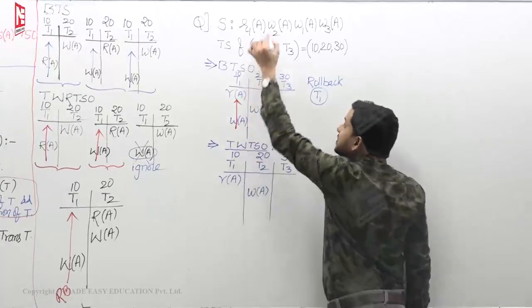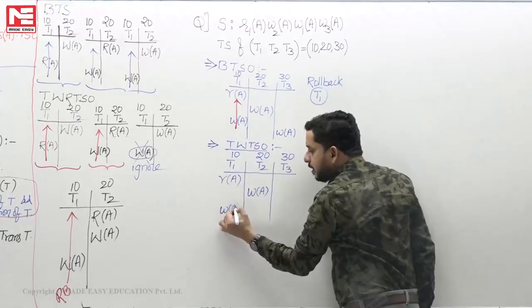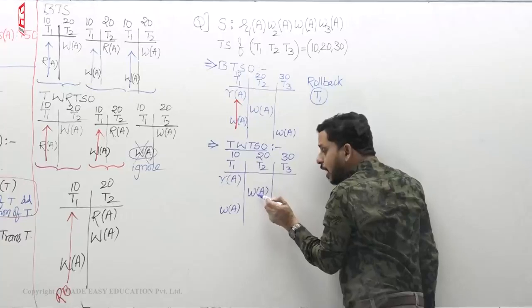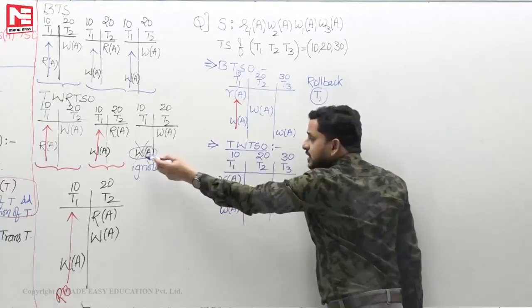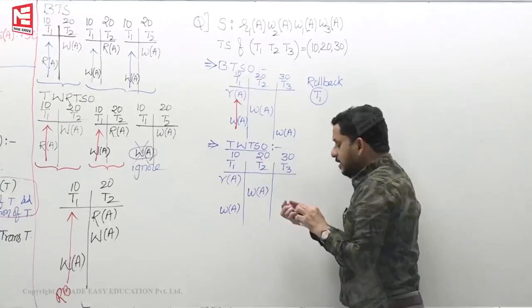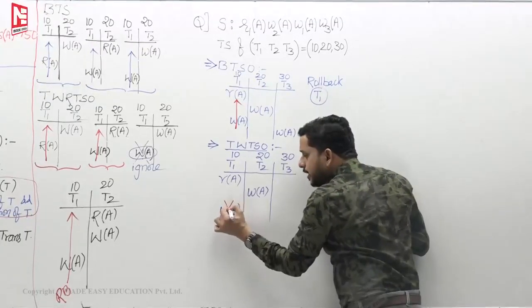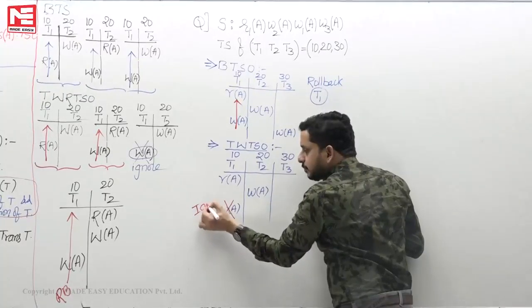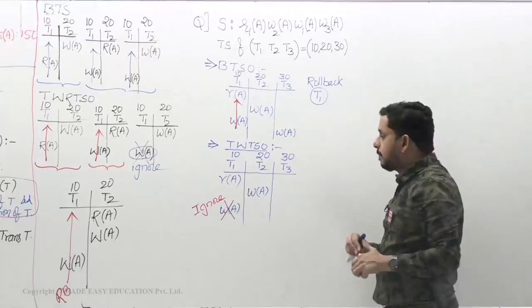Now T1 requesting write of A. T2 is younger and T1 is older. If T2 has already done the write, T1's write request is ignored. So the Thomas Write Rule says there is no need to roll back the transaction; ignore this write and continue the execution, no rollback.